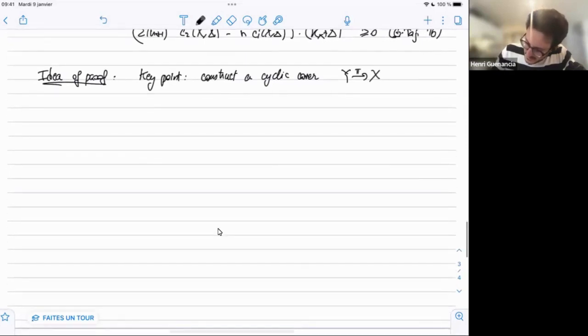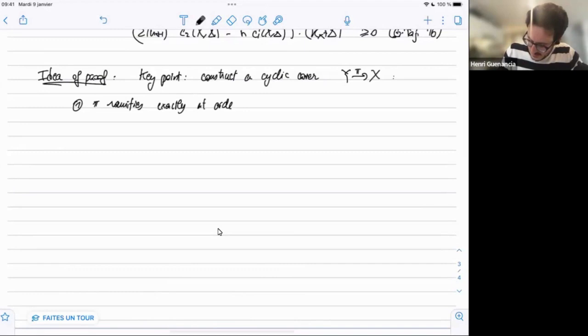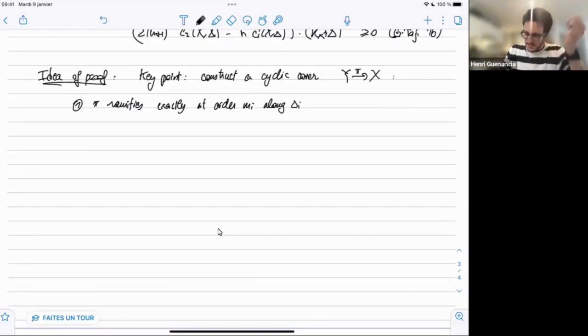And I want to construct a cyclic cover that satisfies two properties. So π ramifies exactly at the right order, at order m_i along Δ_i.